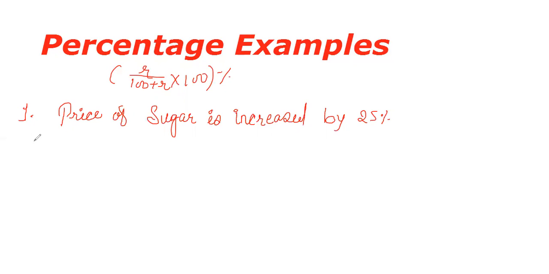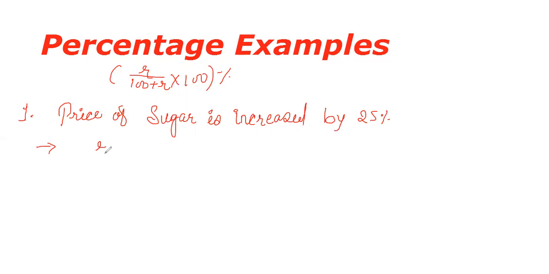So here we are going to find the required percentage. What is given? The price of sugar is increased by 25%. If a family wants to keep its expenses on sugar unaltered, then the family will have to reduce the consumption of sugar by how many percent?